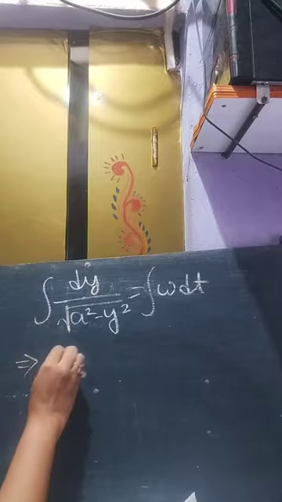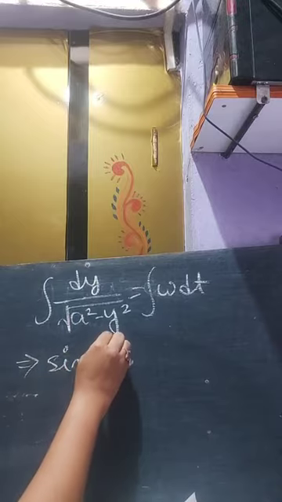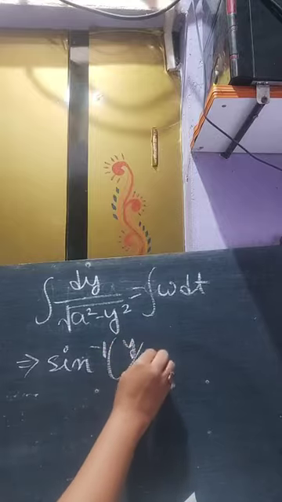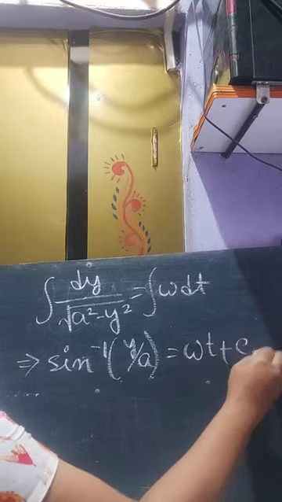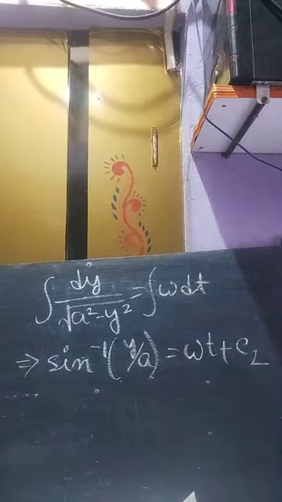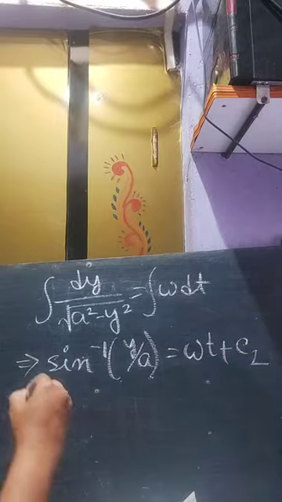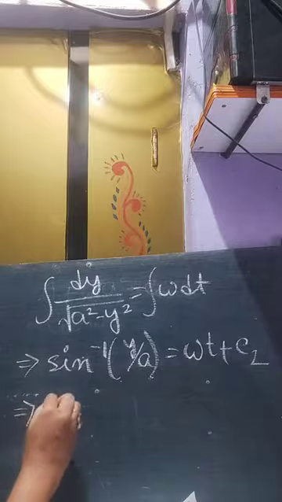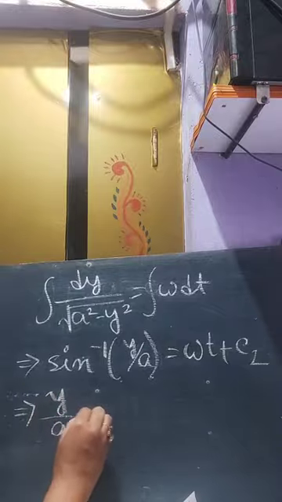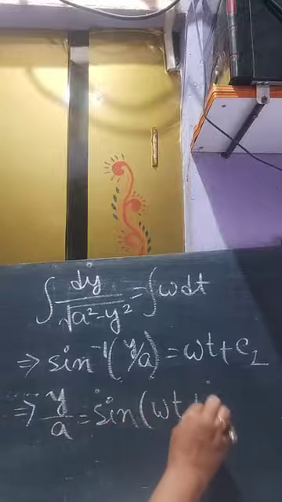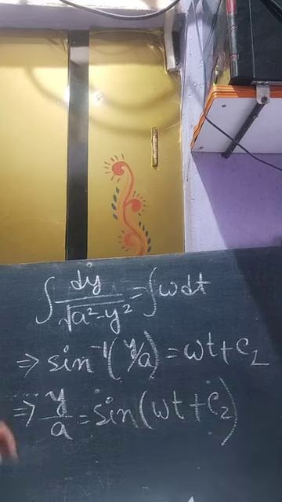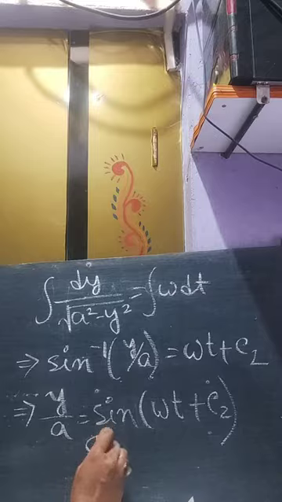The integration results in sine inverse of y by a equals omega t plus c2. c2 is again an integration constant, and from here we can write y by a equals sine of omega t plus c2, and if we apply the boundary condition, c2 is nothing but phi.